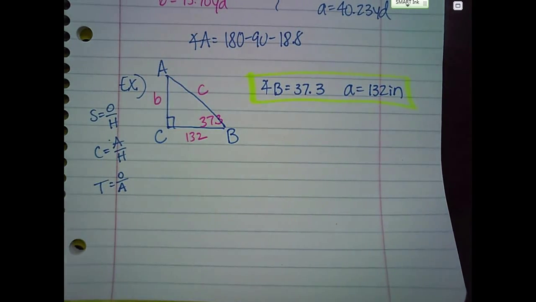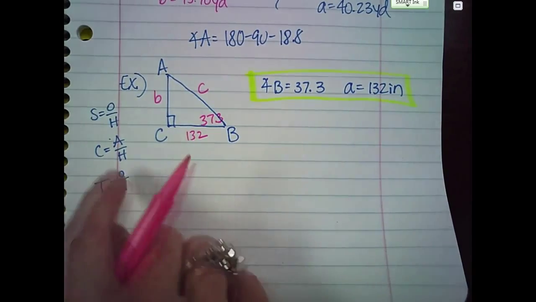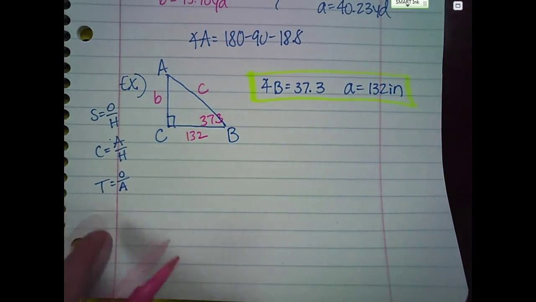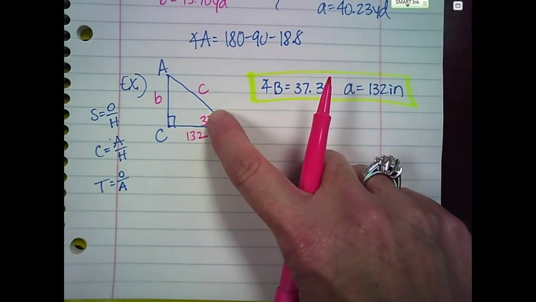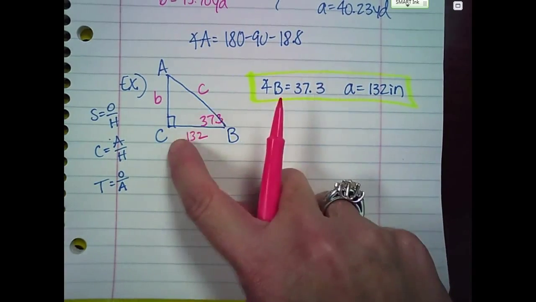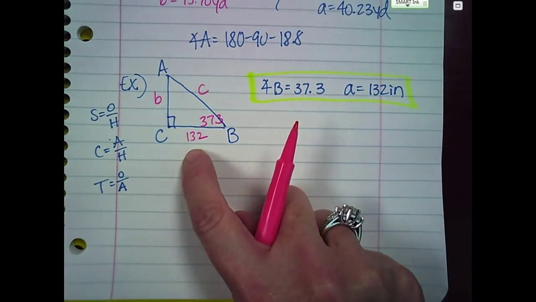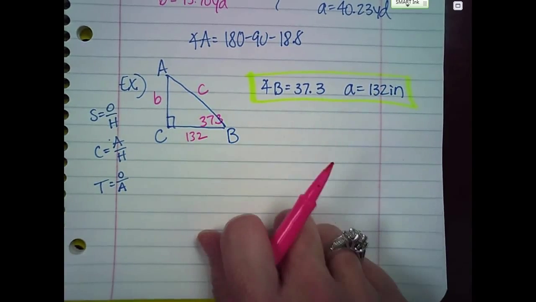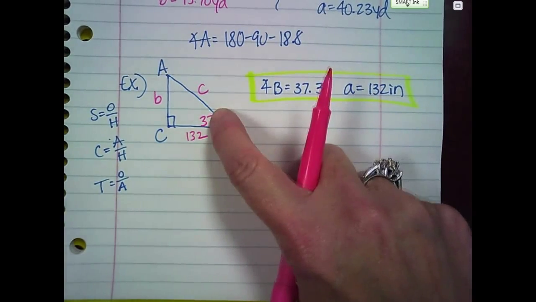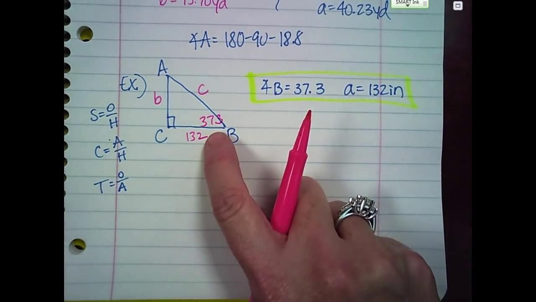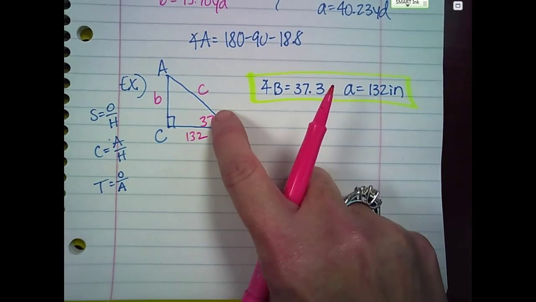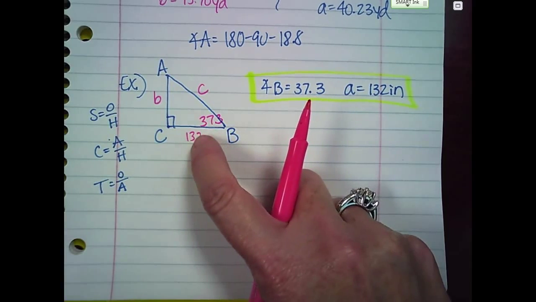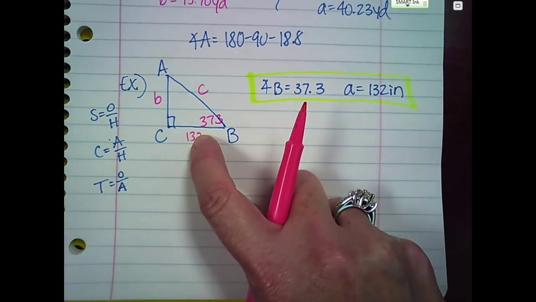Okay? Now, if you use this, now you have to decide which two to use. Well, I have an angle in pink. Two things. I have this and this. So I have this angle and this side. Is this side its adjacent or is it its opposite? If you're going to use this angle and this side, these are the only two pieces of information I know. So I've got an angle and it's right beside it, so it's its adjacent.